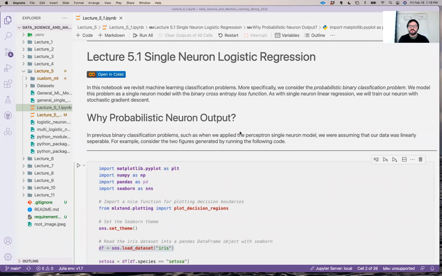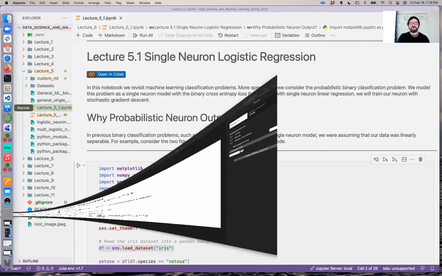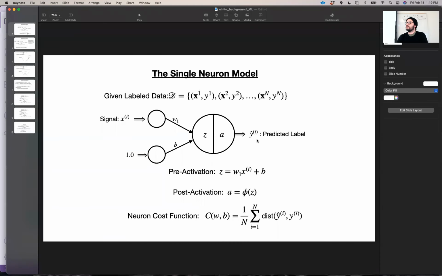Now, the name logistic regression is kind of confusing because it says regression in it. But logistic regression is a classifier technique. It's used for classification. And it differs from something like the perceptron in that the predicted output of our model, the y hat, the predicted output of the single neuron in this case, is not going to be a 0 or 1, or a -1 and 1 for the perceptron.